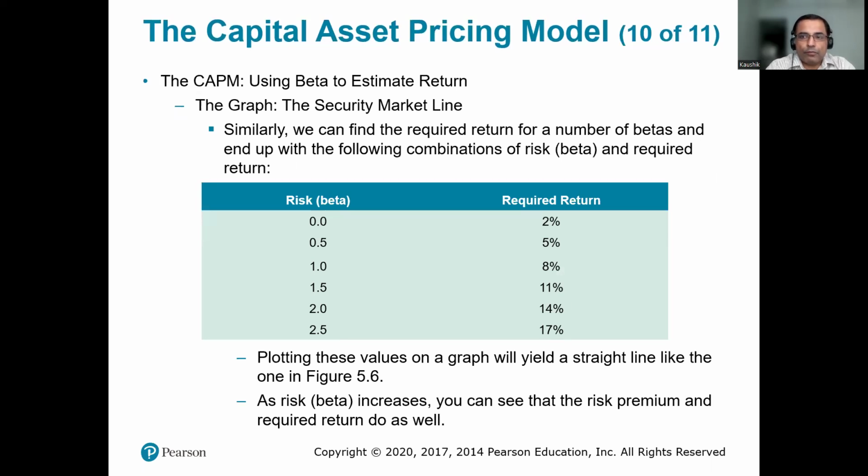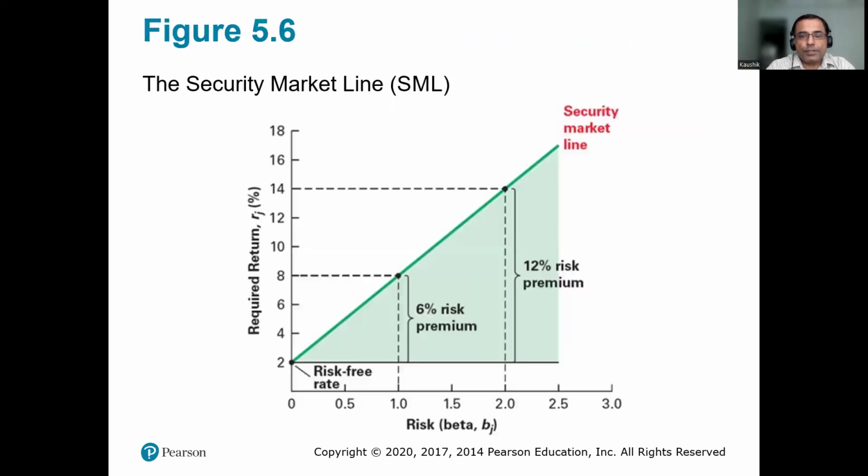When we take different values of beta, calculate the corresponding expected return and plot it in a graph, we get the security market line. We have plotted beta and expected return, and then we get a straight line. This straight line is called the security market line.